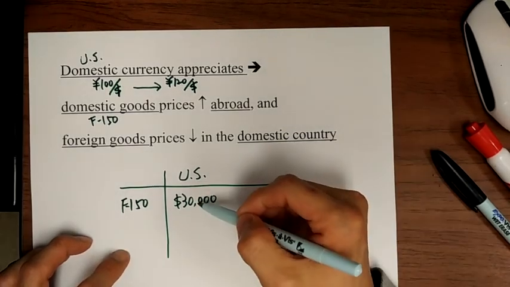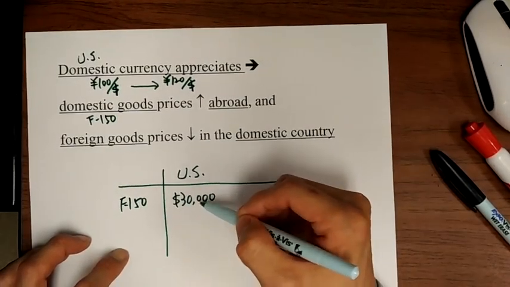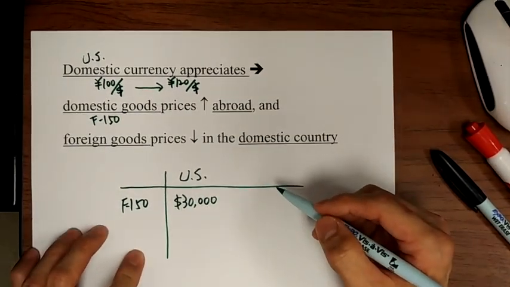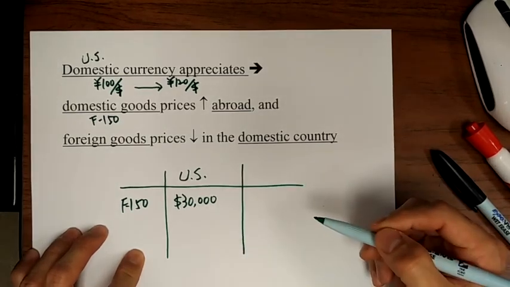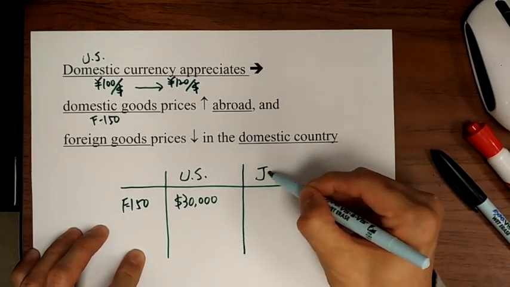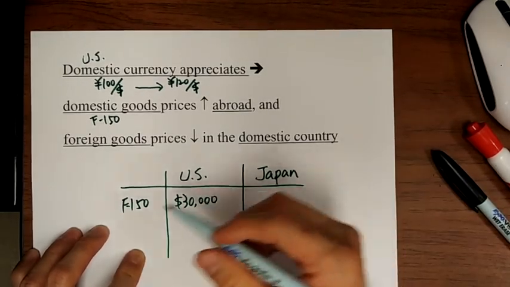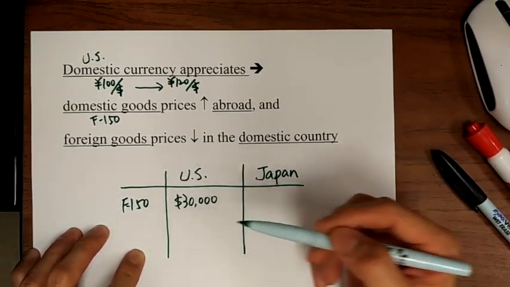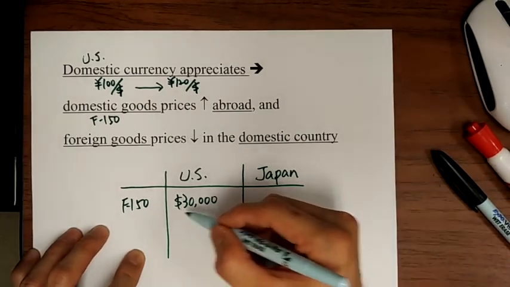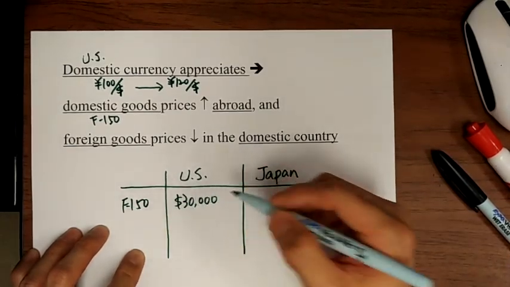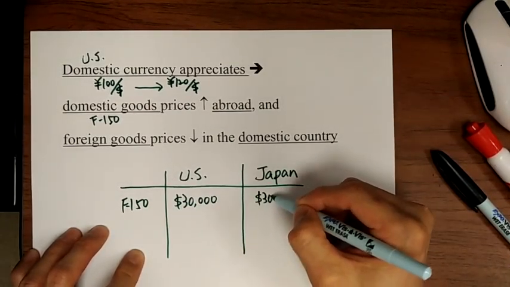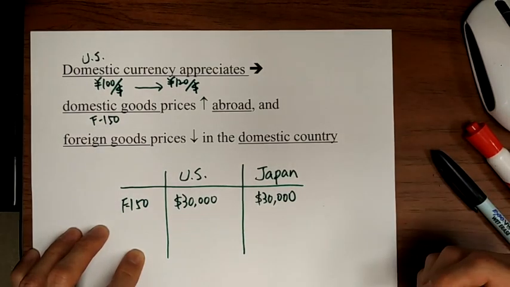So if you want to buy an F-150 in the United States, you pay $30,000. Then what is the price of F-150 in Japan? Well, Ford priced F-150 at $30,000, therefore they are going to price F-150 at $30,000 in Japan as well.